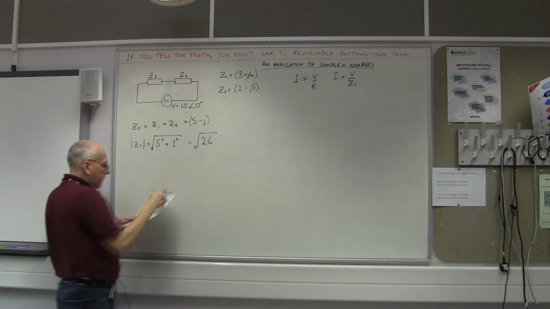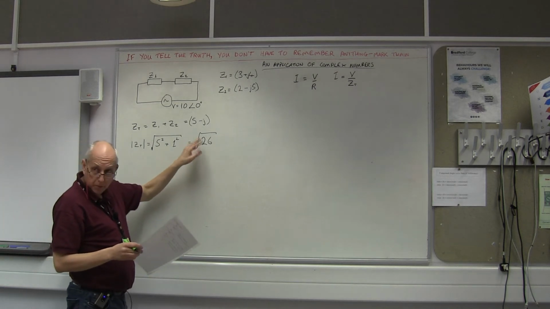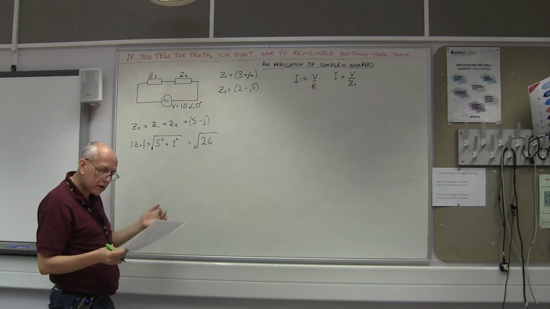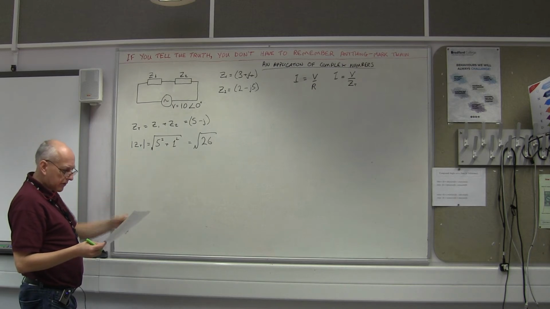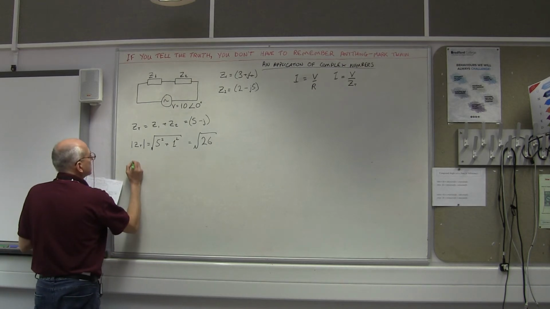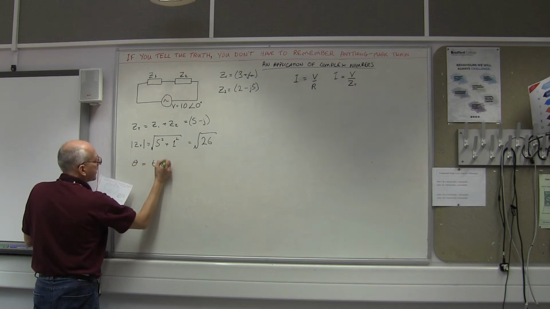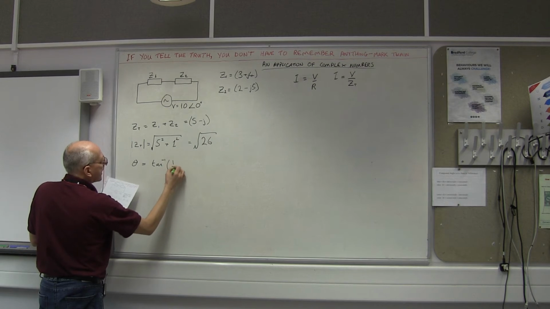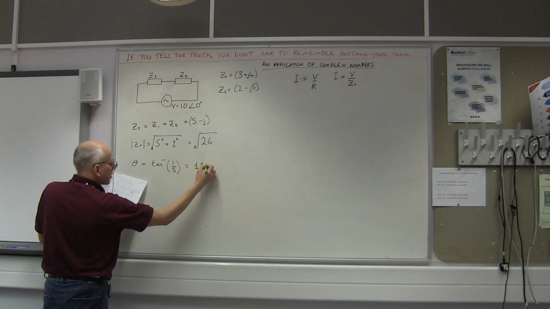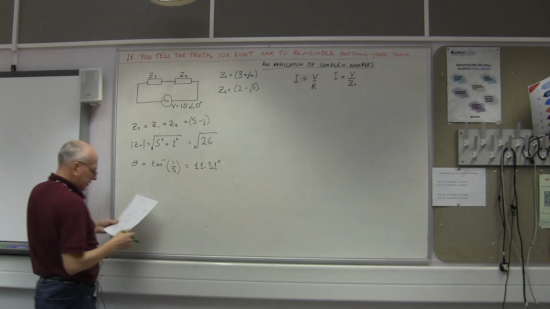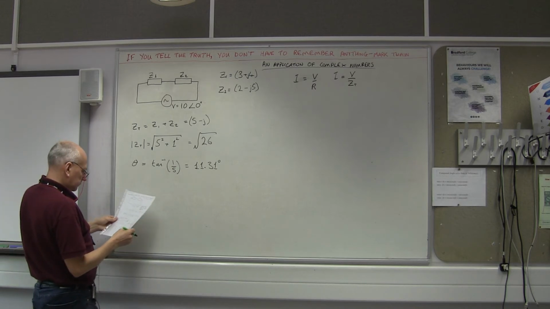Now I could put that in my calculator and get that total result, but that's a whole proper answer. It's not got any rounding errors from converting it to decimal by doing the square root, so I'll just leave it as it is. Now the angle, the theta of this, would be the inverse of tan, minus 1 over 5, which will give me 11.31 to 2 decimal places.